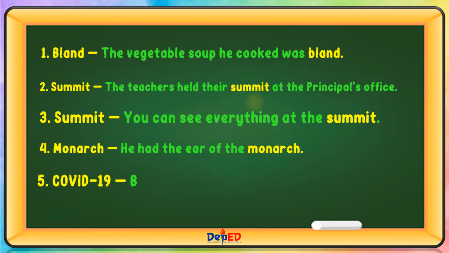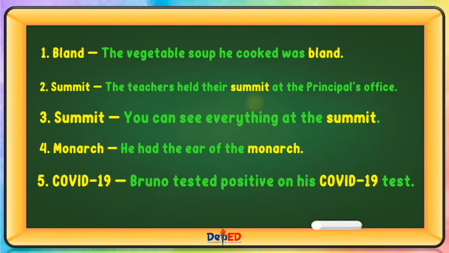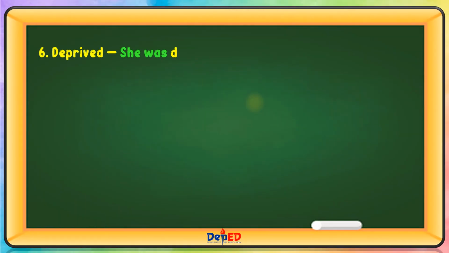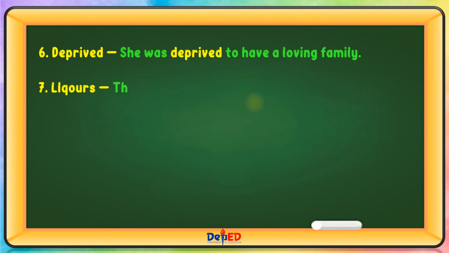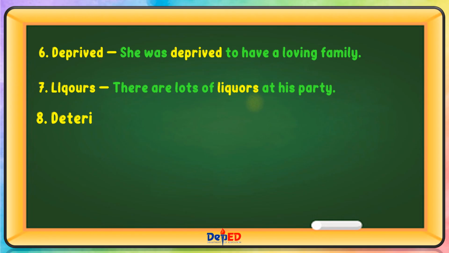COVID-19. Bruno tested positive on his COVID-19 test. Deprived. She was deprived to have a loving family. Liquors. There are a lot of liquors at his party. Deterioration.